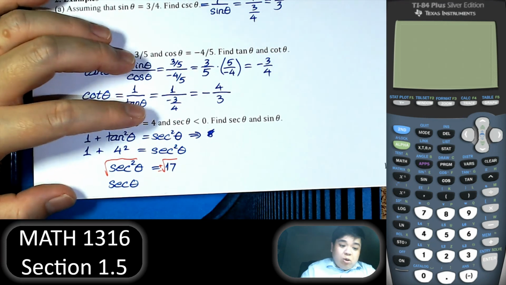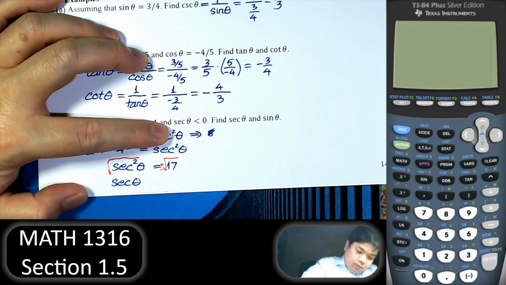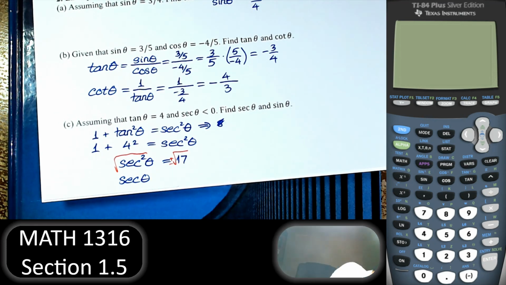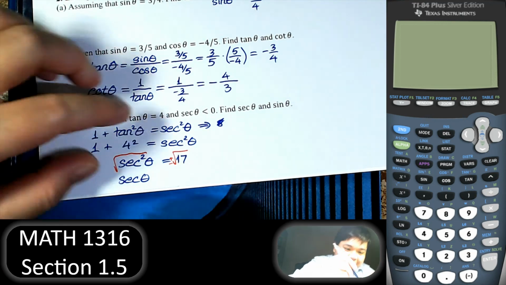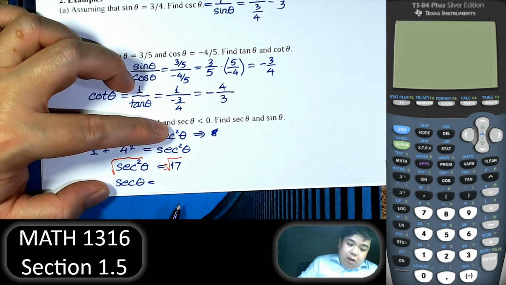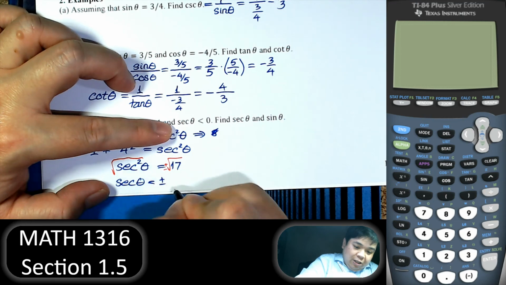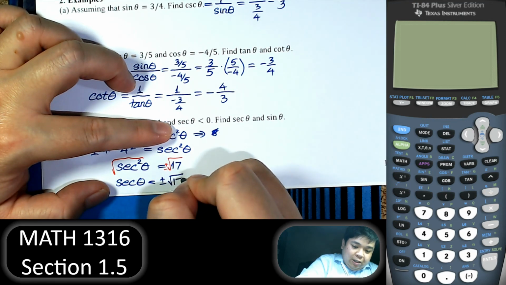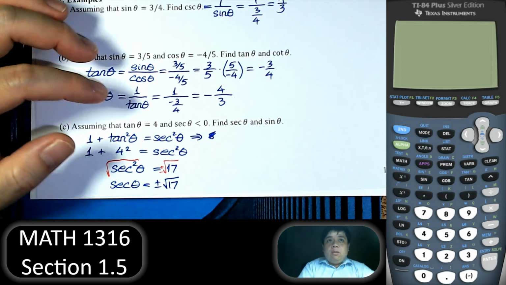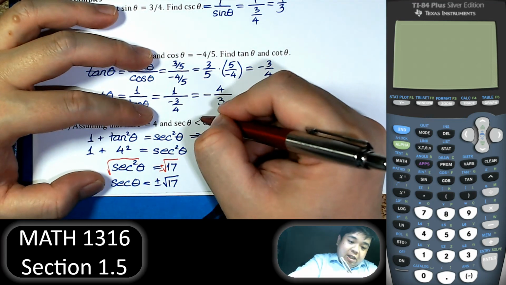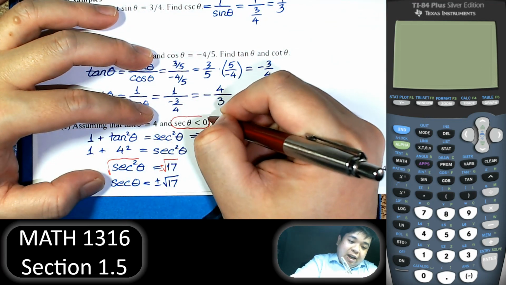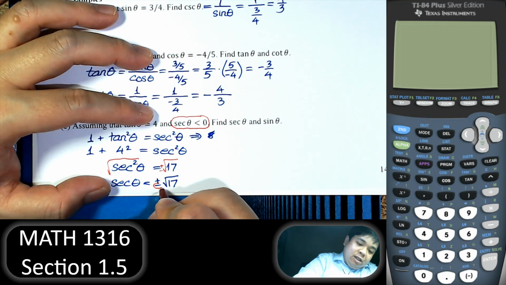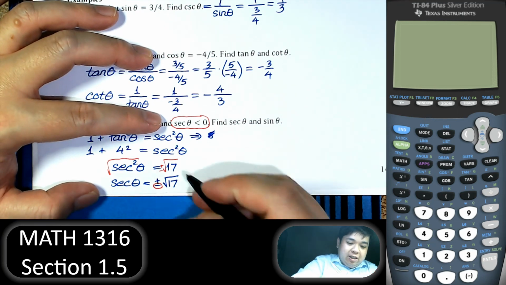So secant is going to be equal to plus or minus square root of 17. And since the question says it is less than 0, it is negative square root of 17.